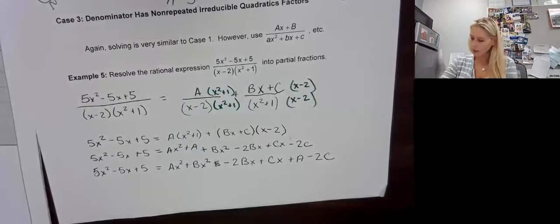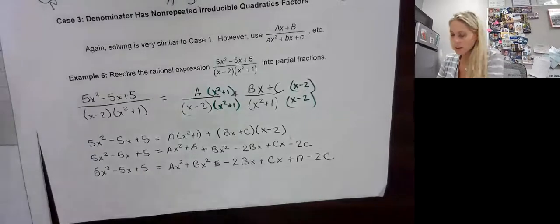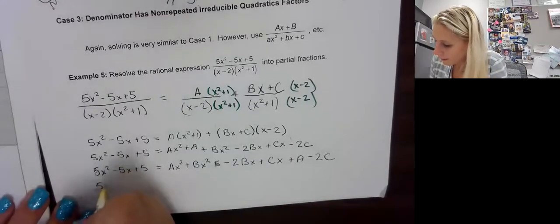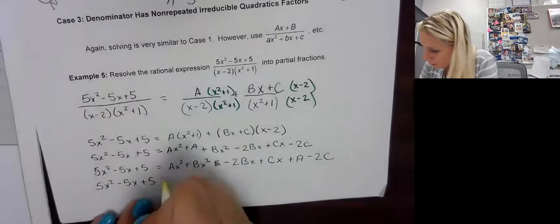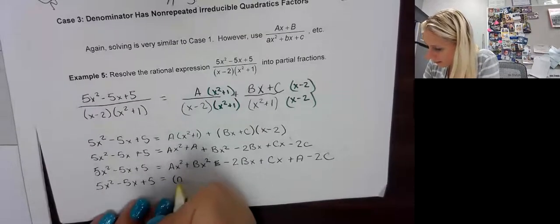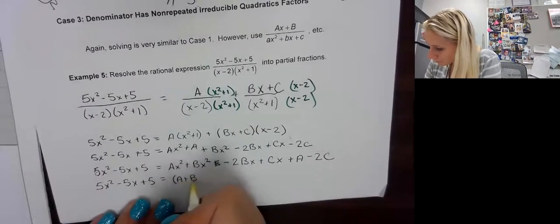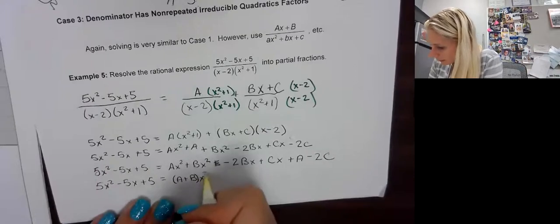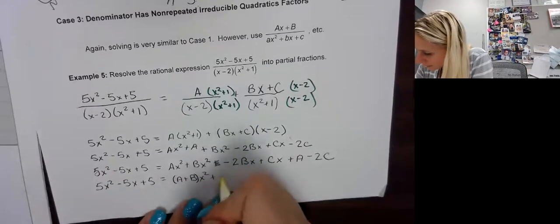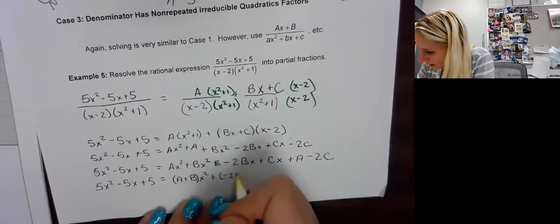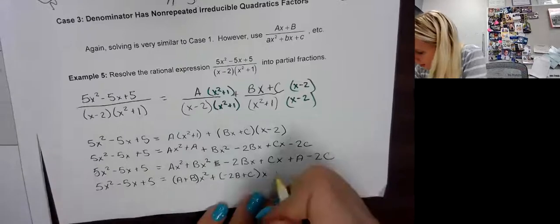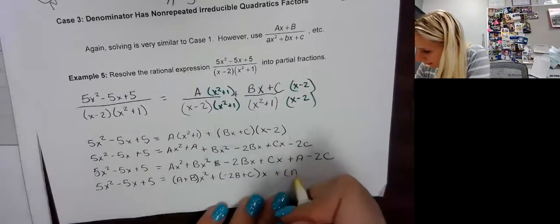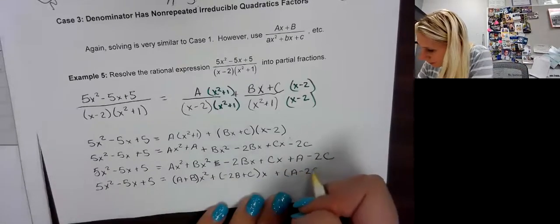Okay, very good. Now let's factor out. 5x squared minus 5x plus 5. So we get a plus b times x squared plus negative 2b plus c times x plus a minus 2c.